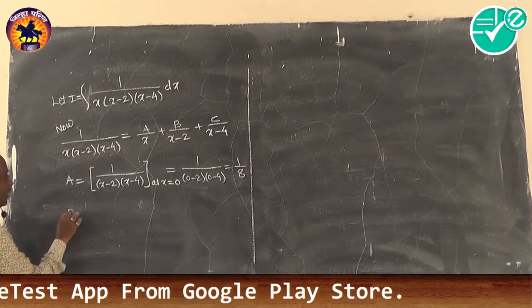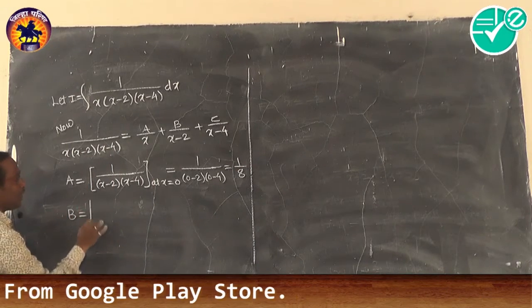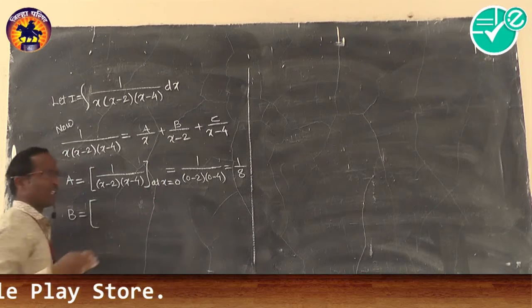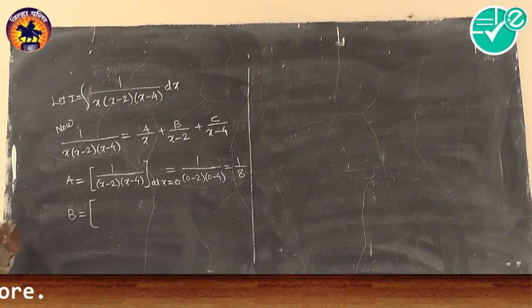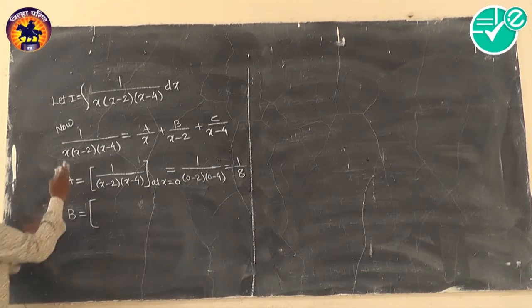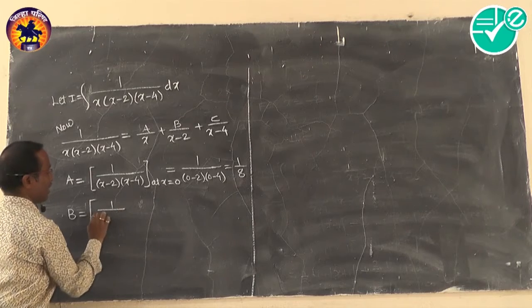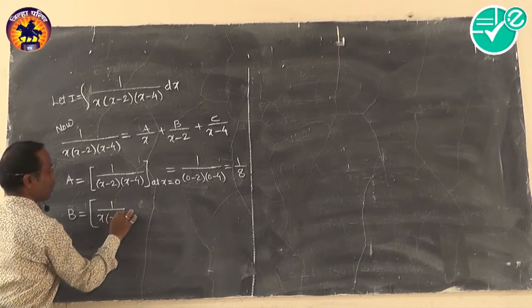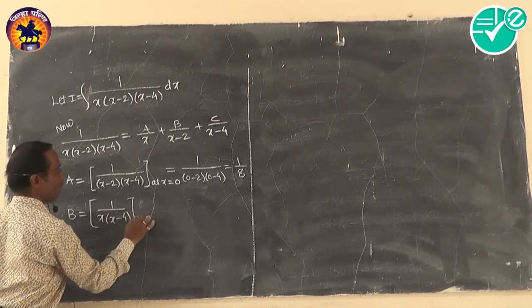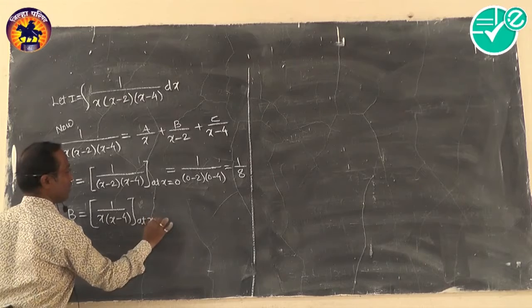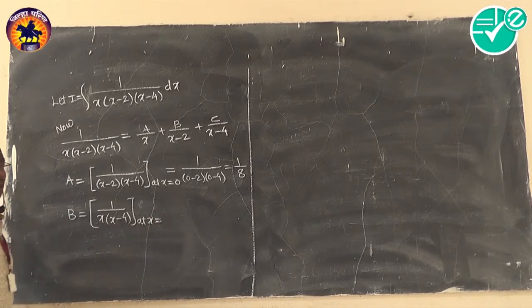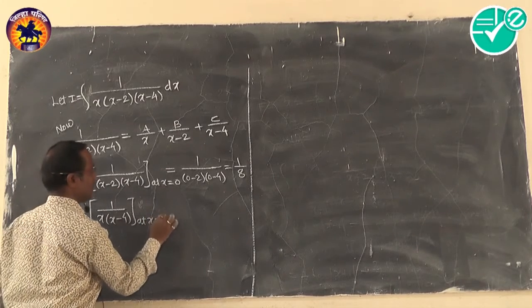Now for b, the denominator of the second partial fraction is x minus 2. Except x minus 2 we take the LHS function 1 upon x into x minus 4, and the denominator becomes 0 for x is equal to 2.